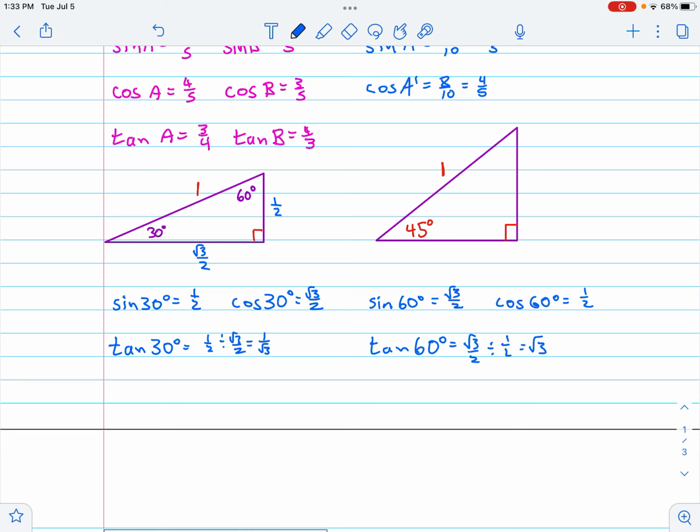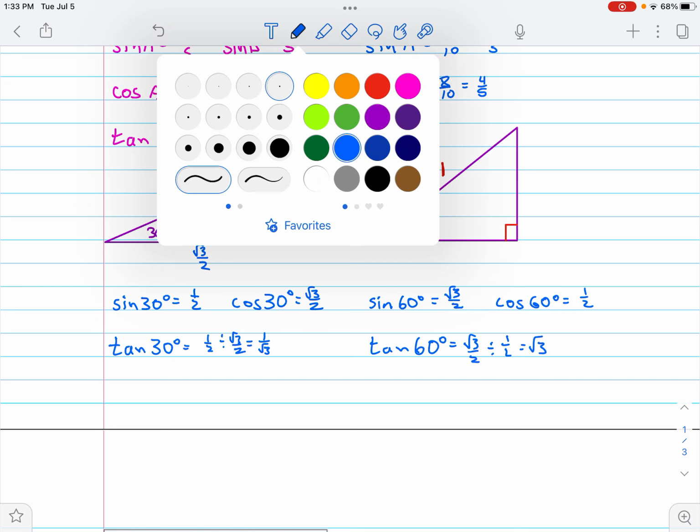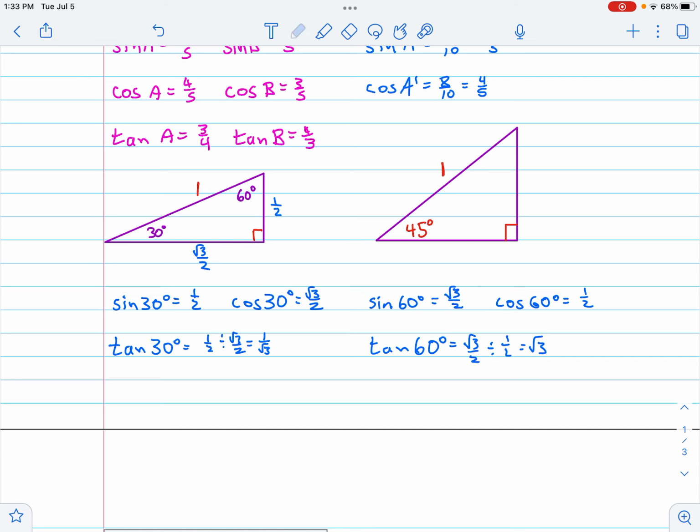Now let's talk about the 45 degrees. Remember, this is a 45, 45, 90 triangle that we're looking at right here. That being the case, we can talk about the sine of 45, because remember, there's a relationship. If your hypotenuse is 1, the side opposite is 1 over the square root of 2.